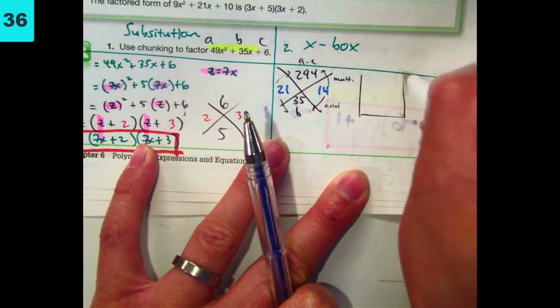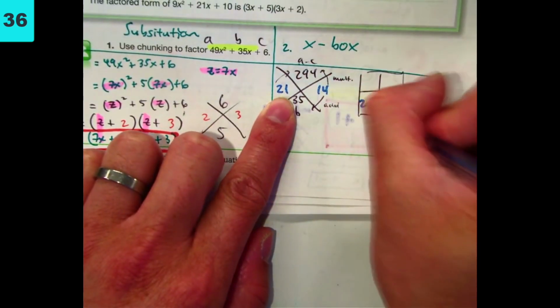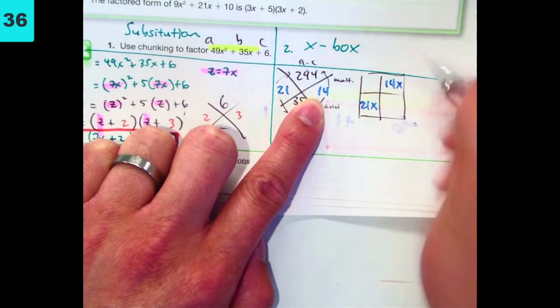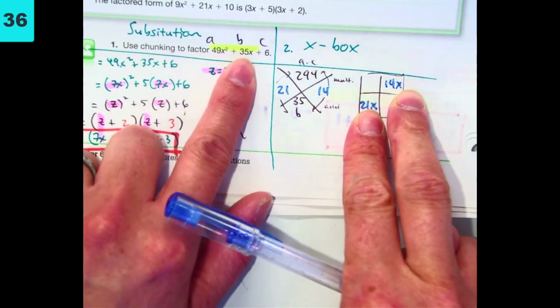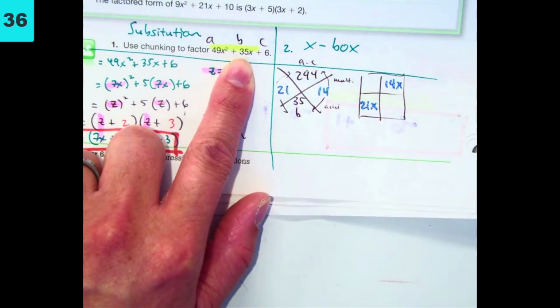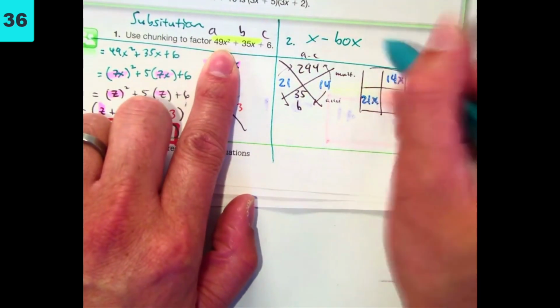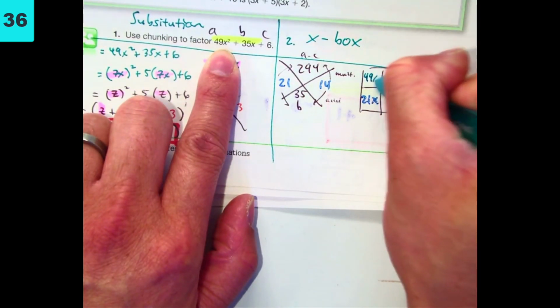Let's go ahead and put this in a box now. I have 21, and I'm going to add x. And 14, I'm going to add x. And the reason why you add x is we're basically splitting the b term. In the top left will always go the a term, 49x squared.